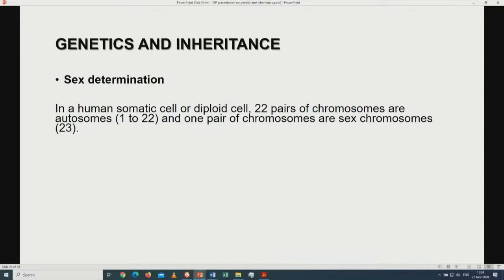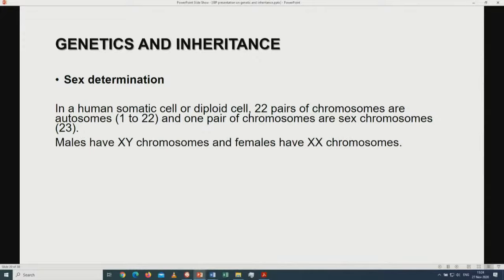Now in sex determination, we know that there's a 50% chance of having a boy or a girl. This is because in humans, somatic or diploid cells have 22 pairs of chromosomes, termed autosomes, 1 to 22 in a karyotype, and 1 pair of chromosomes called the sex chromosomes or the gonosomes, which is pair 23.